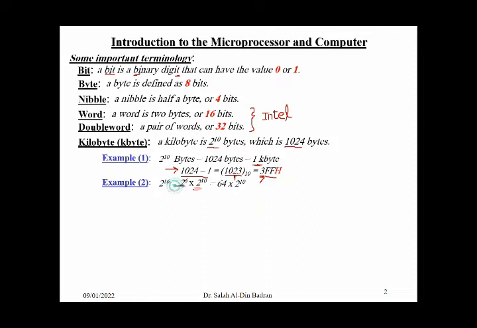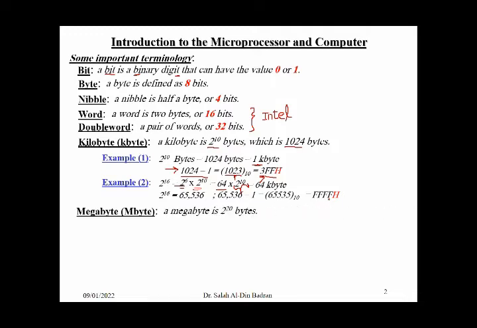And this one, 2 to the power 6, is 64. So we have 64 kilobytes. 2 to the power 16 in decimal is this number. If we subtract 1 from it, we get this one, which in hexa is 4 times F: FFFF.